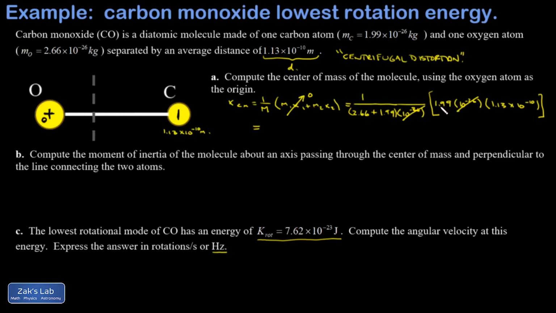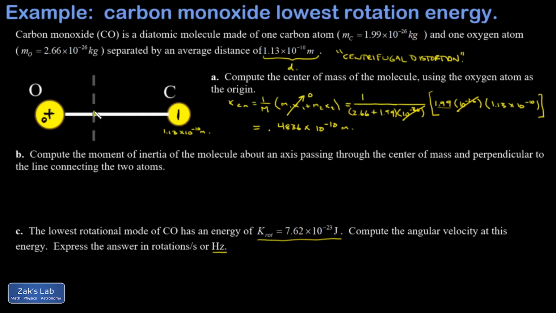So now I calculate 1.99 over 2.66 plus 1.99 multiplied by the original separation of the atoms, 1.13 times 10 to the negative 10. And when I do that, I get 0.4836 times 10 to the negative 10 meters. Now I chose to express this with a power of 10 to the negative 10, even though my calculator listed it as 4.8 times 10 to the negative 11, because it makes it easier to compare to my original distance.